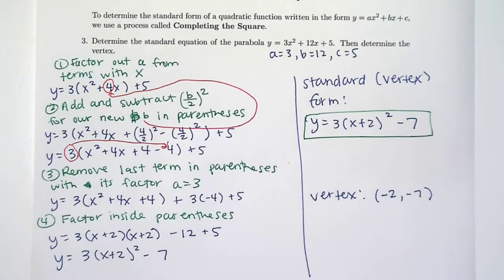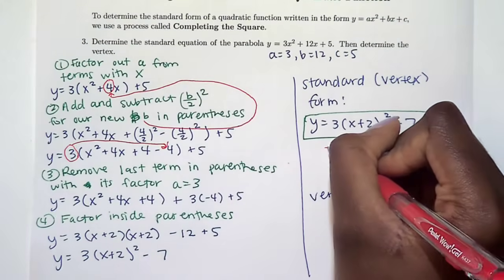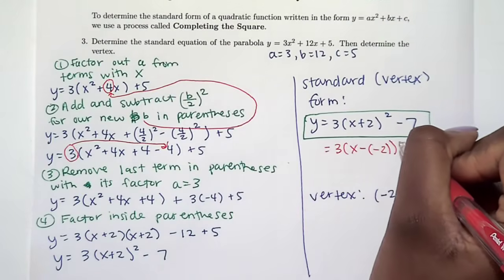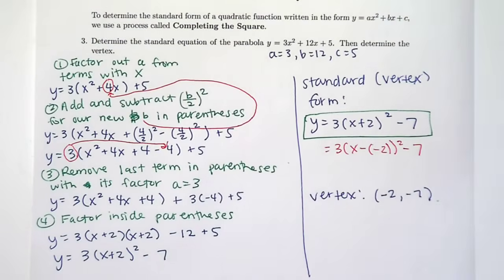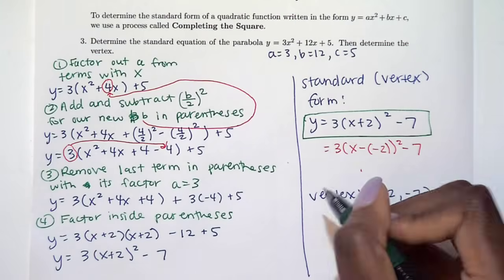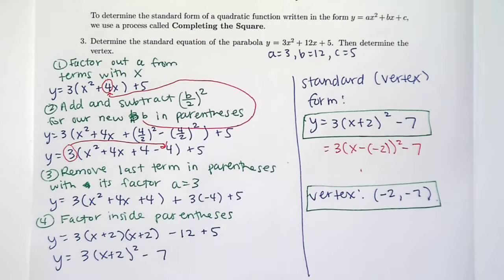All right, and so the reason this is the case is because adding a 2 is the same thing as subtracting a negative. And so that matches up a little more with our standard form. So our vertex is -2, -7. All right, definitely watch this again if you got lost at any parts.